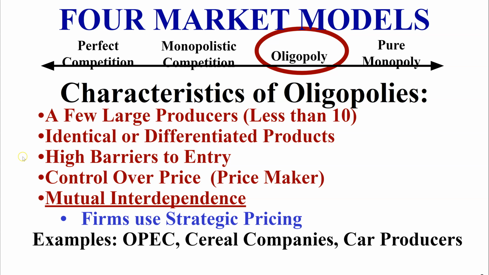And that's significant for OPEC. And so as a result, they have significant market power because of the fact that there's only a few of them, and they're all colluding in order to cut production or expand production in order to drive up or down prices in terms of what we see here. We only have a handful of cereal companies. There's usually, I think, 4 out there that are in this realm.